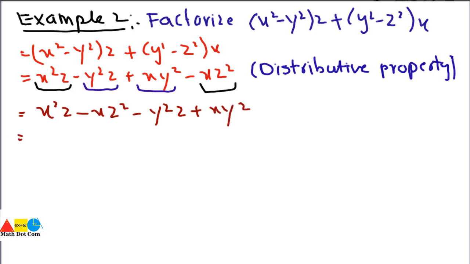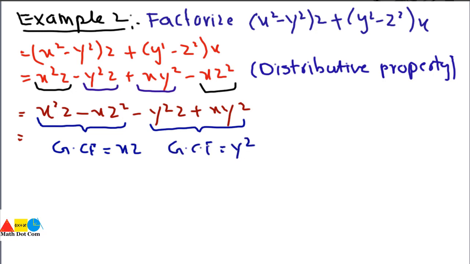Then we will again use the method of GCF. We have to factor out the GCF. In this expression the GCF is xz, and in the other the GCF is y square. So we take the GCF out as xz, and we write x minus z.